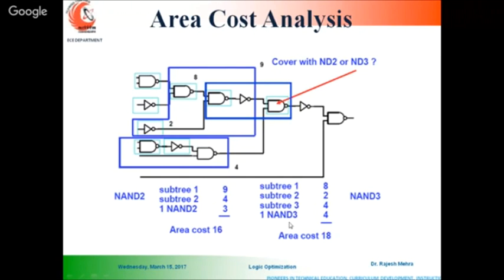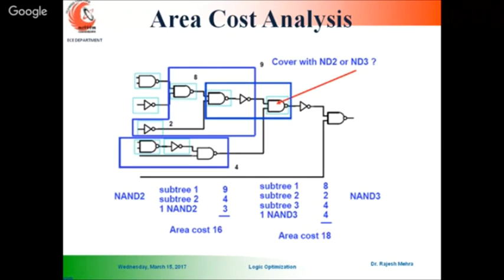This is 4, and we are using what? 3 subtrees. One is this one is 4, and by using these subtrees, subtree 1, subtree 2, subtree 3, our total cost is coming, it is equal to what? Area cost of 18.